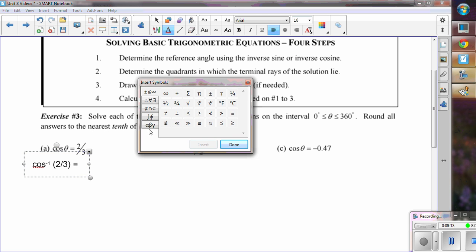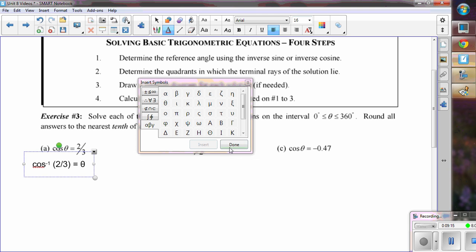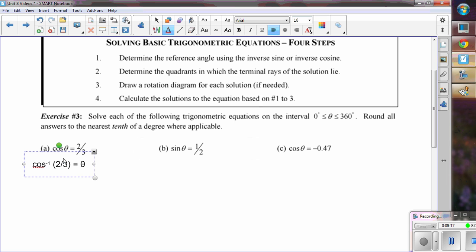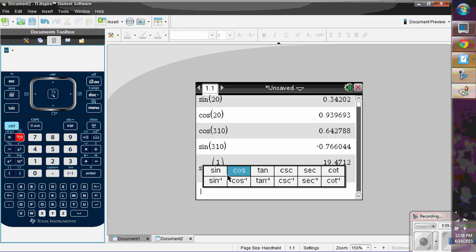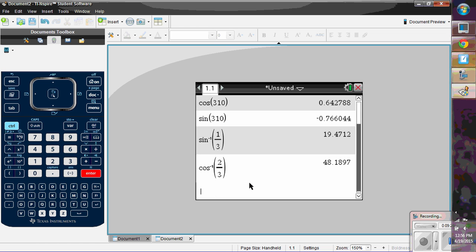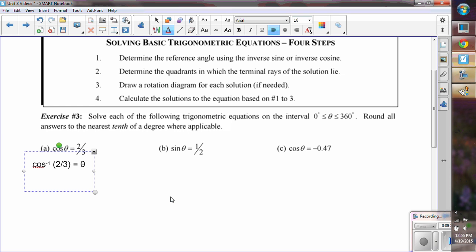Based off of our conversation in our last unit, we know that if we apply the cosine function with its inverse, we just get theta back out again. So we go to our calculator, and the inverse cosine of 2/3 gives 48.1897. They want this to the nearest tenth of a degree.